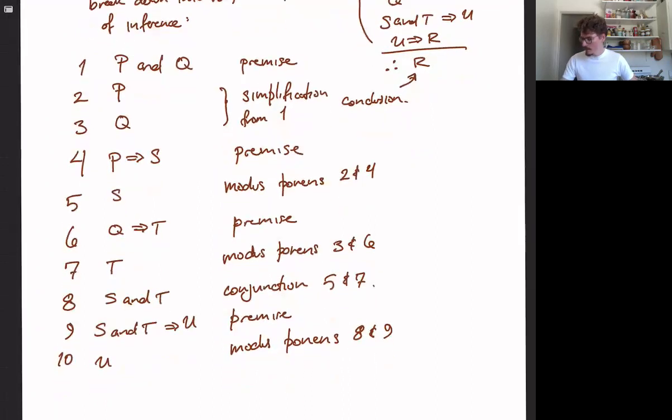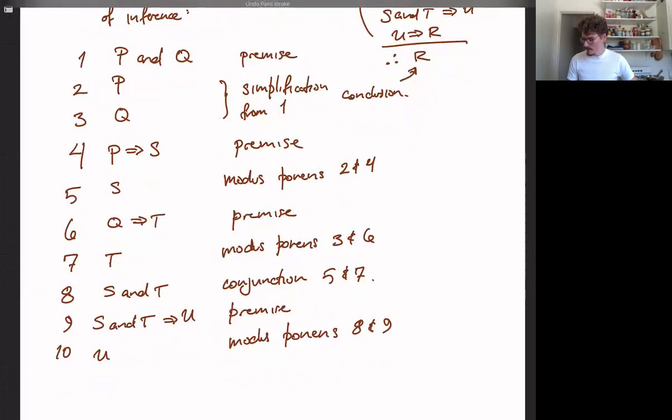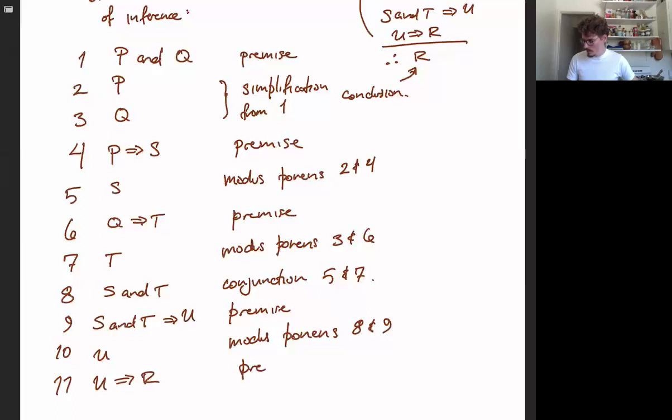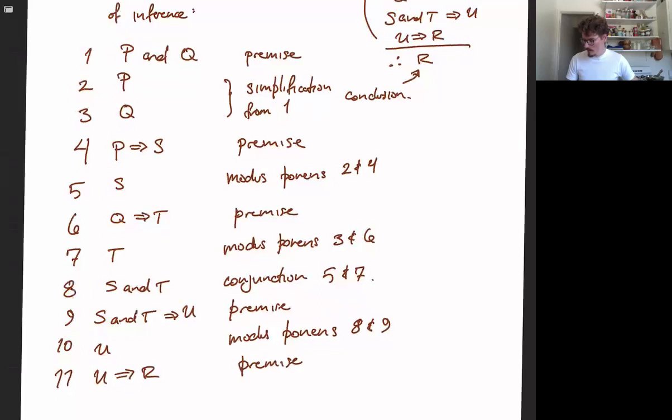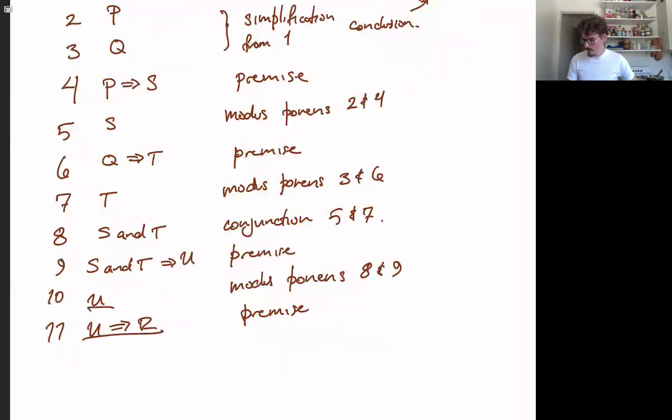And then finally, our last premise, U implies R. Then again, by our good old modus ponens, we conclude R, from 10 and 11.